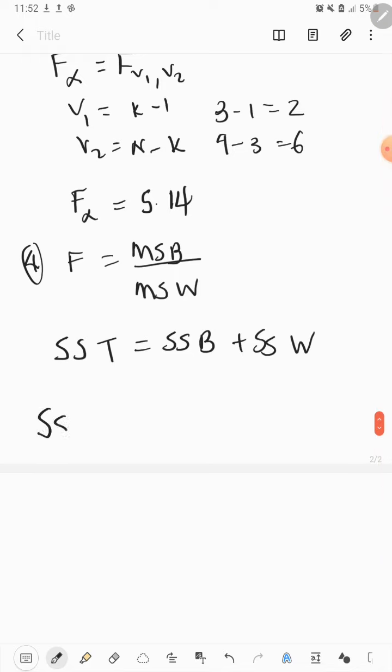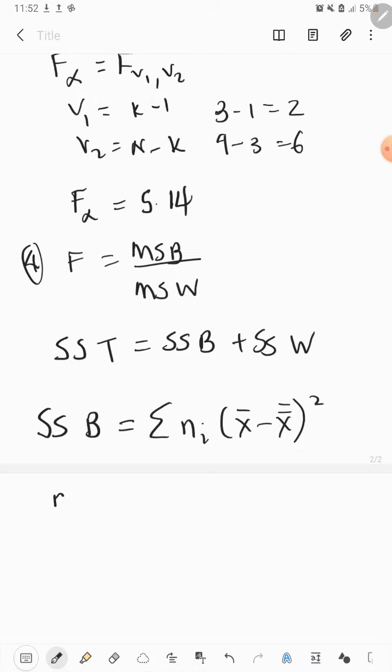The sum of squares between is given by the sum of the sample size for each population times the mean for each population minus the grand mean. The grand mean is just the mean of all the values regardless of their populations, and that's denoted by x bar bar. It has double bars.